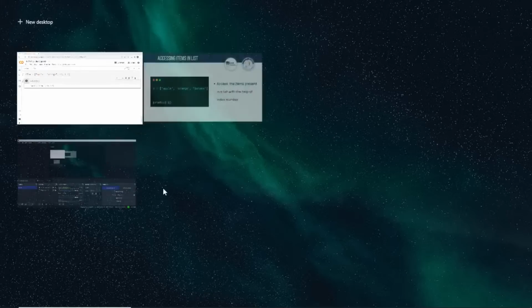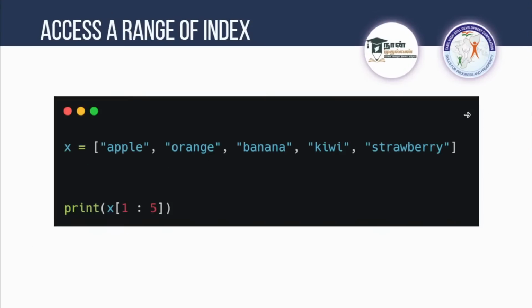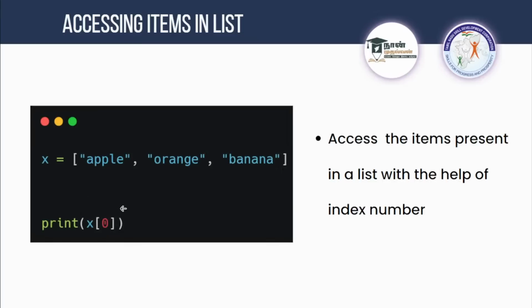Now, similar to a string, list is also a sequence data type. So you can take something which is present in the 0th index of a list also. But what will be present in the 0th index in a list is apple, not A. It is like a collection of items, right? So a single item will be taking the entire index.